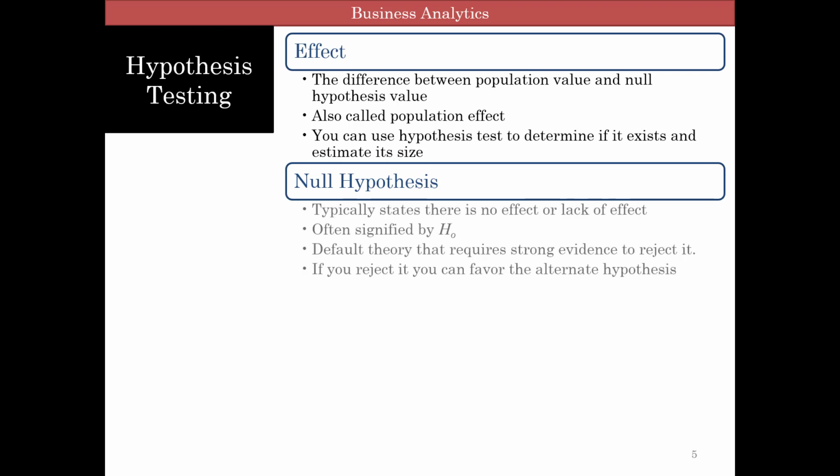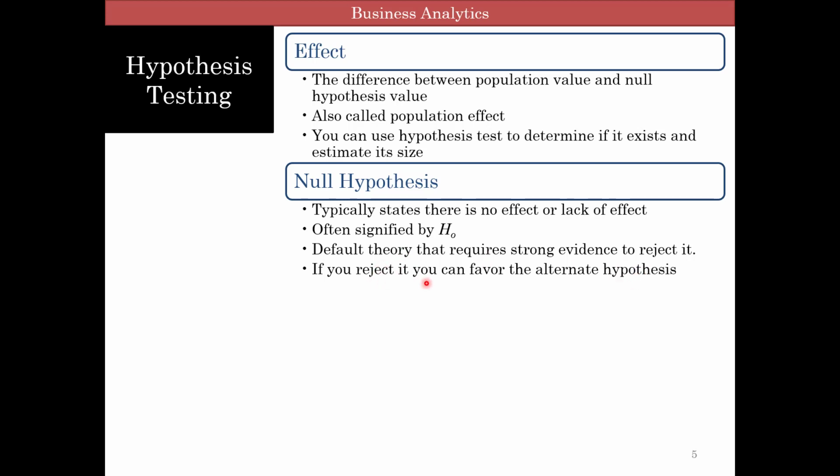So the null hypothesis, let's get into it. It typically states there is no effect or a lack of effect, often signified by H subscript 0. It's usually the default theory. Nothing is happening. Everything is the same. Things are happening as they usually do. And it requires strong evidence to reject it.